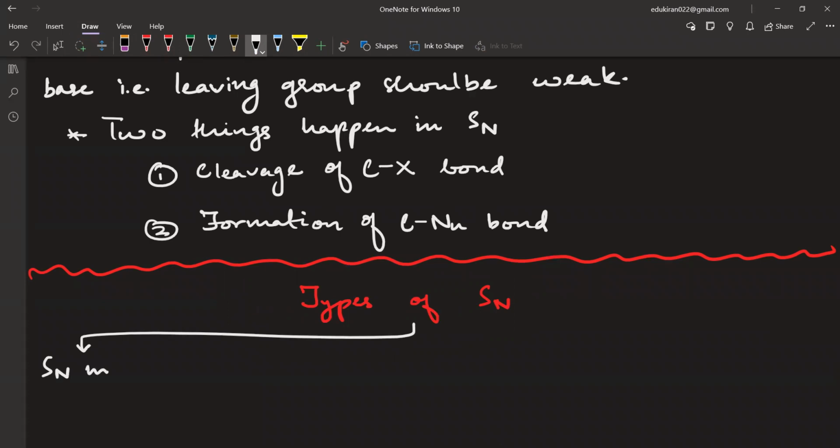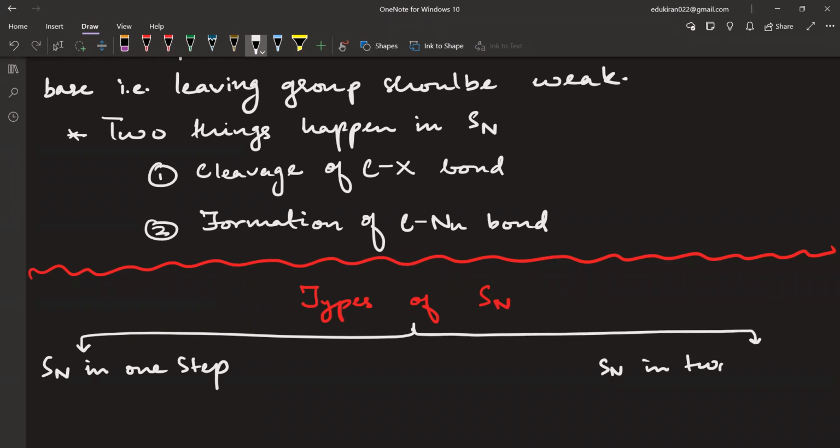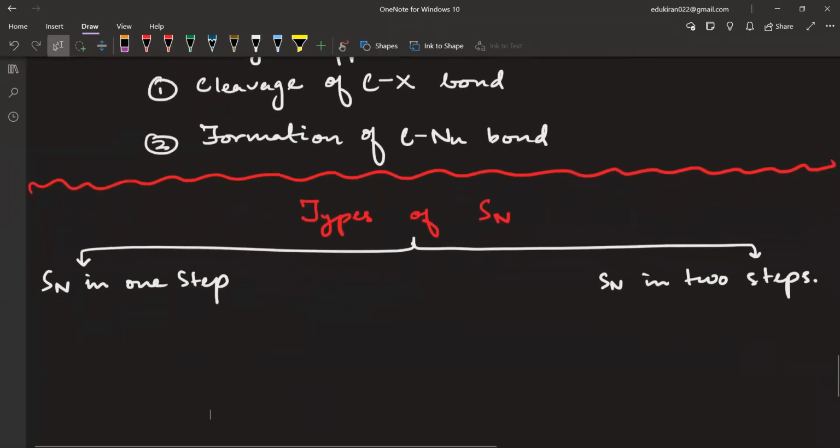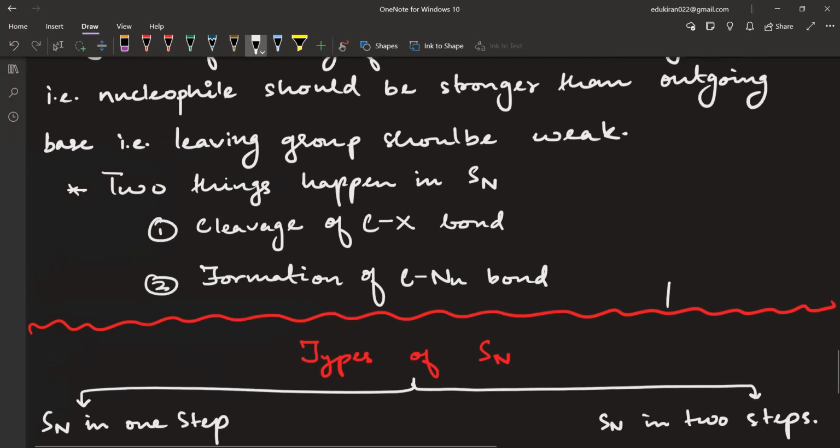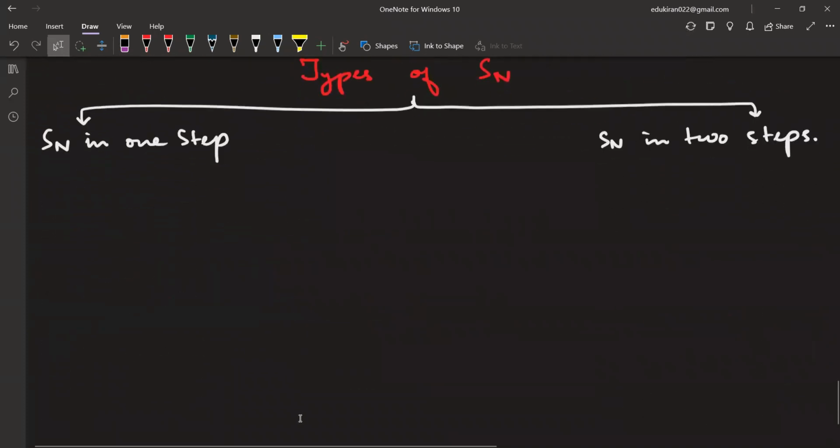SN in one step, or SN in two steps. All of you have written above this red line? Is there anyone who is still writing? No. Okay. So types of SN: in one step and in two steps.